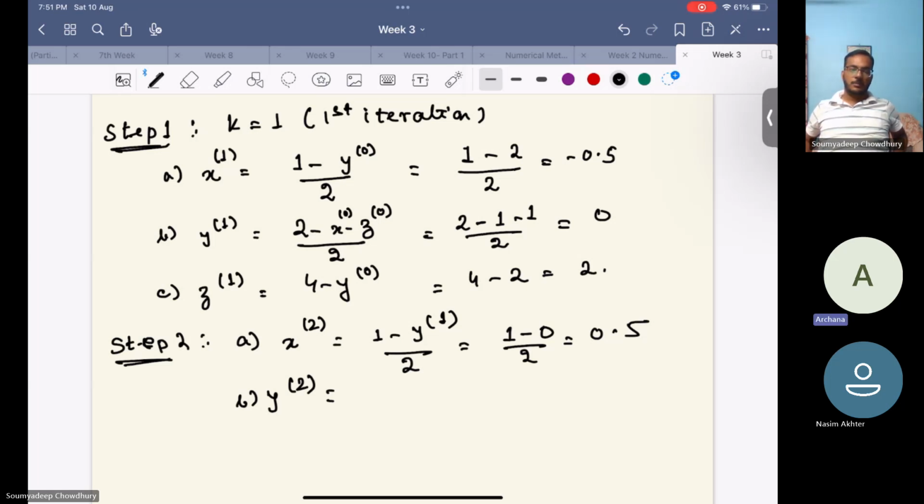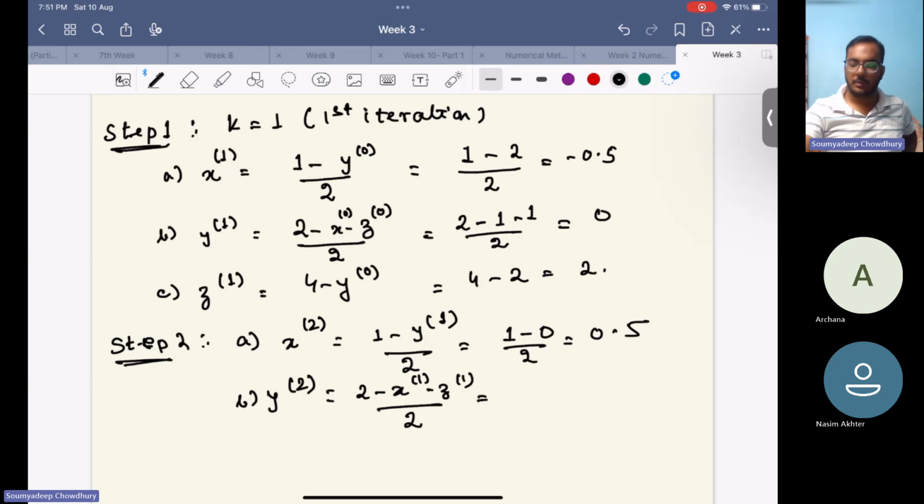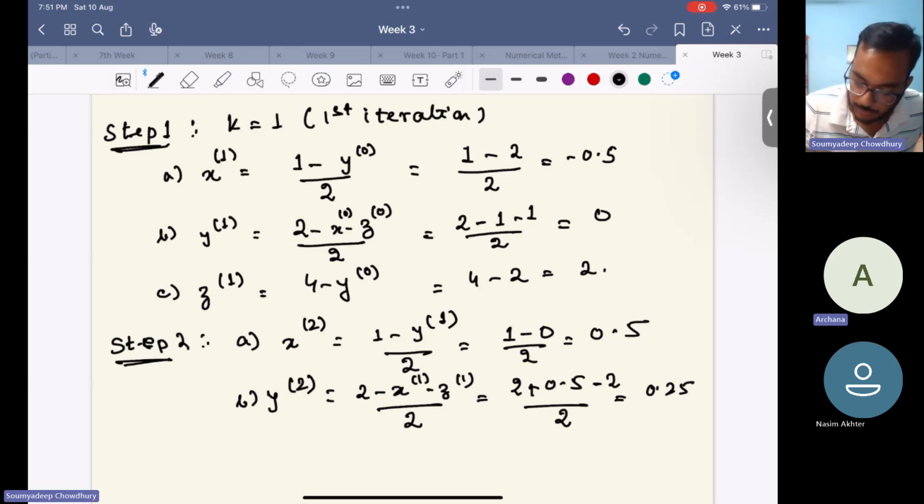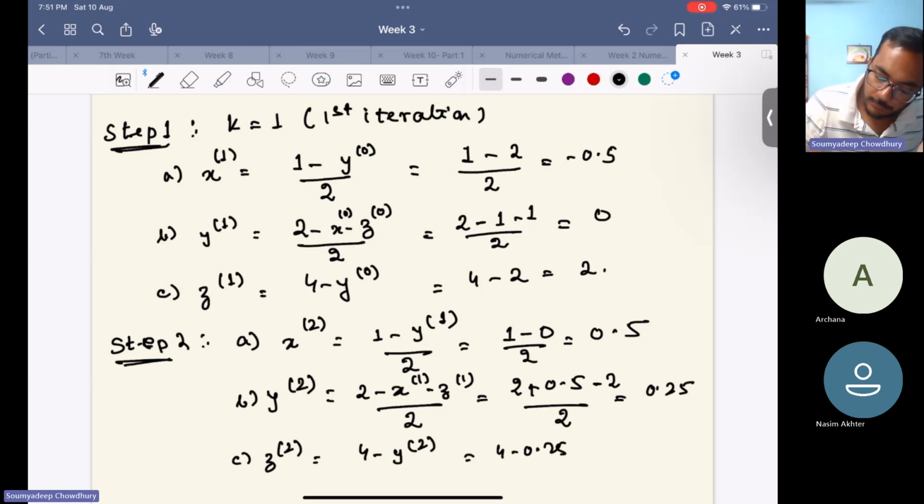Sir, that is 2 minus x1 minus z1 divided by 2. So what are the values? Can you substitute and tell? 2 minus what is x1? x1 is minus 0.5, and z1 is 2. So it will be 0.25. Correct. And then z of 2 is 4 minus y of 2, right? 4 minus 0.25.